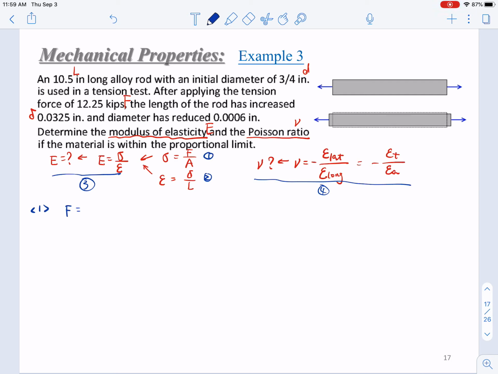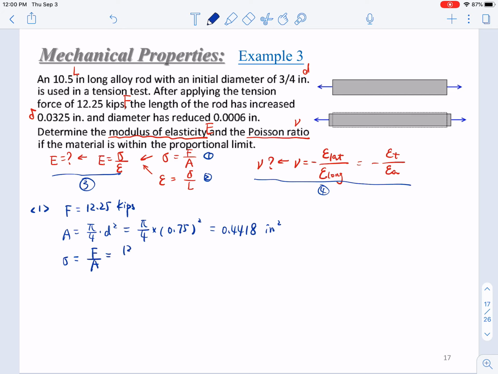F has been given, that is 12.25 kips. And what is our A? We have known the diameter. The A is just pi over 4 d square. So pi over 4 times 0.75 square. So we get 0.4418 square inch.